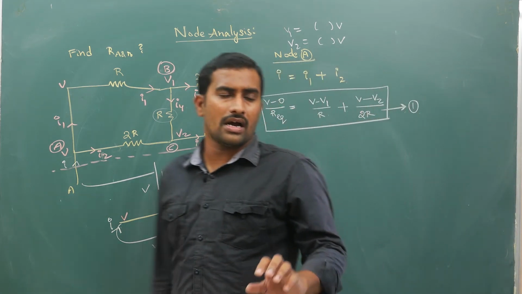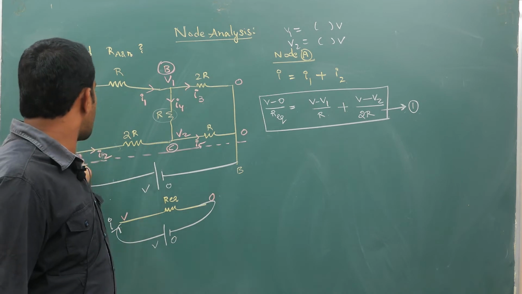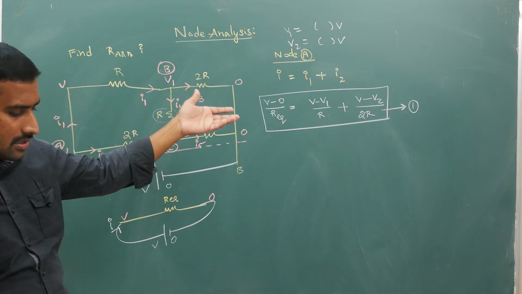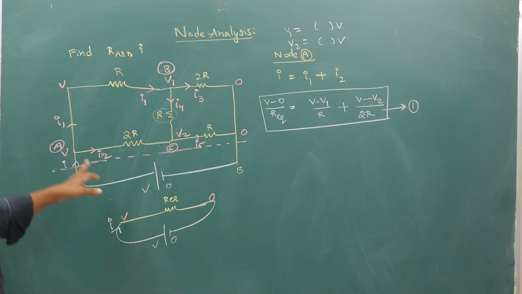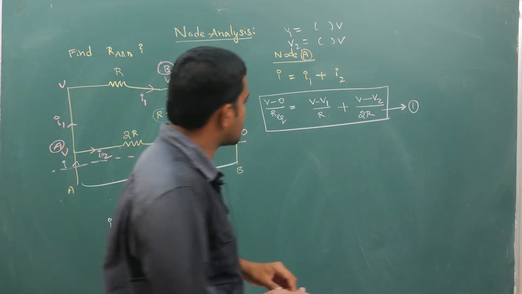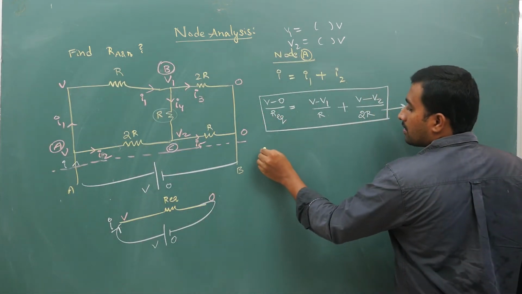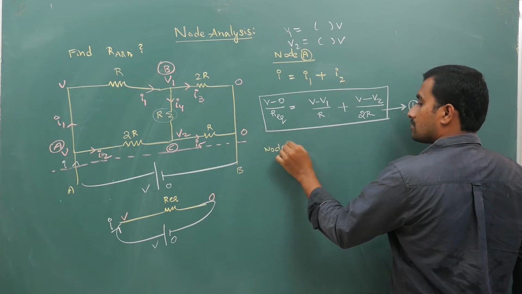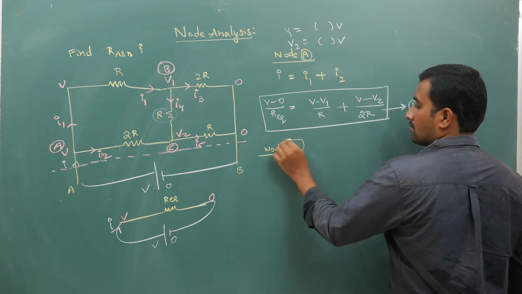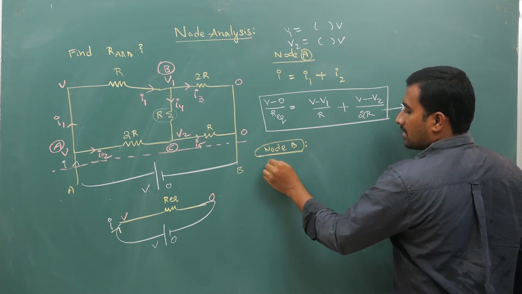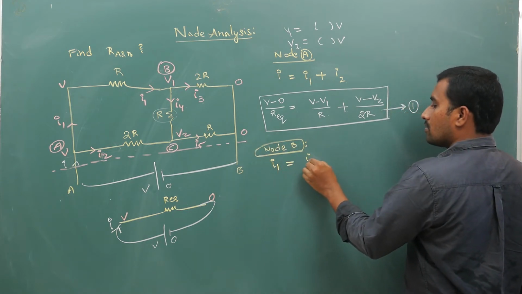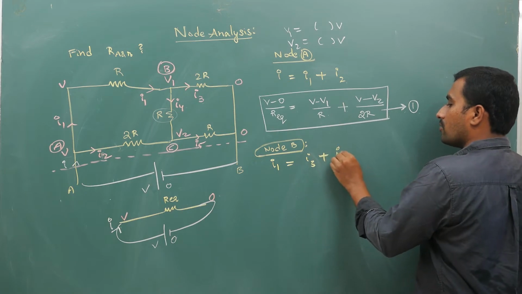So now I have applied Kirchhoff's first law at these nodes. This is node A. Next node B. At node B, my current entering is I1, which is equal to I3 plus I4.